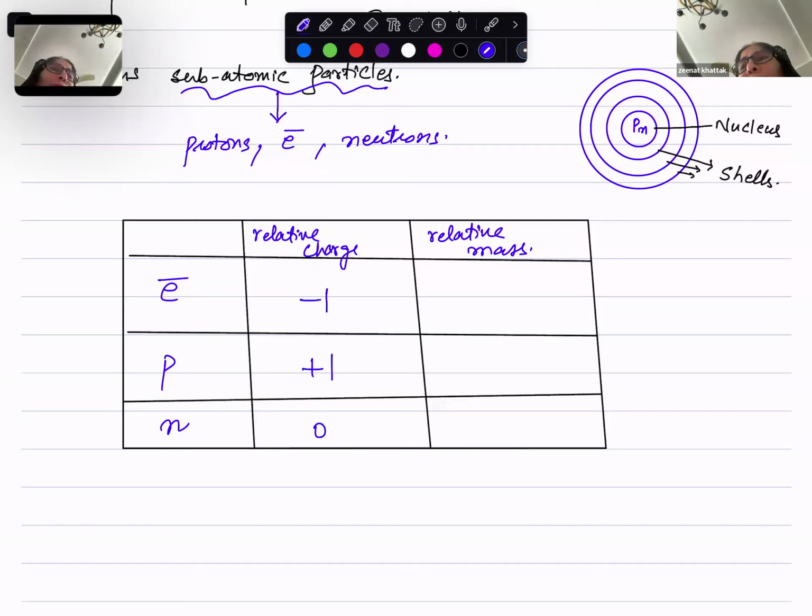Mass number or nucleon number, the sum of protons and neutrons in the nucleus of an atom.